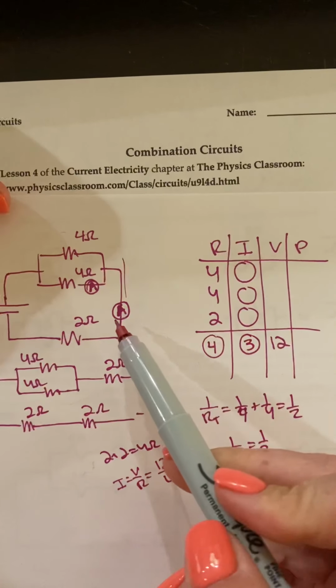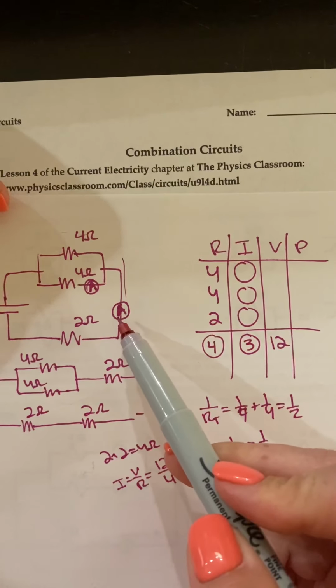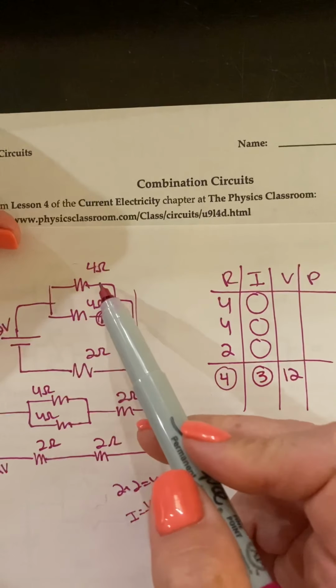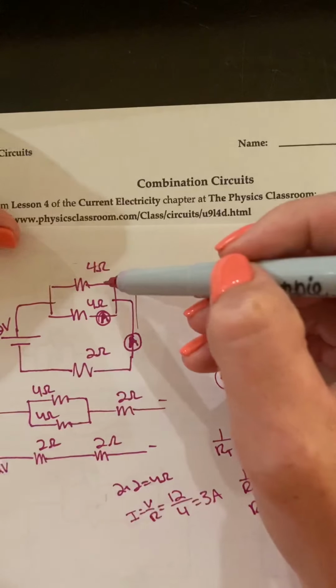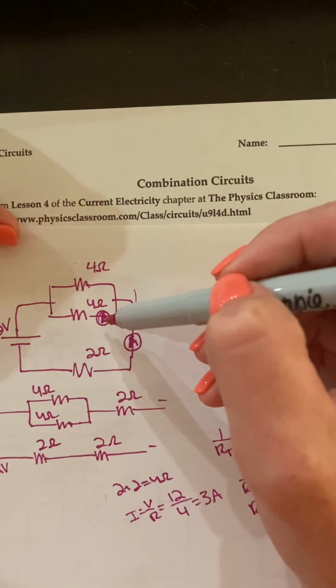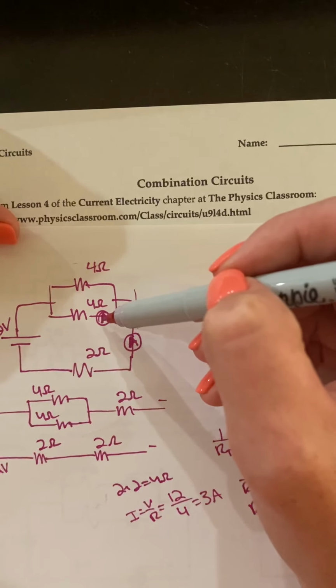So if I were to read right here, it would read 3 amps, but I know in parallel the currents will add up to equal 3. So the current down this branch plus the current down this branch is going to be equal to 3.